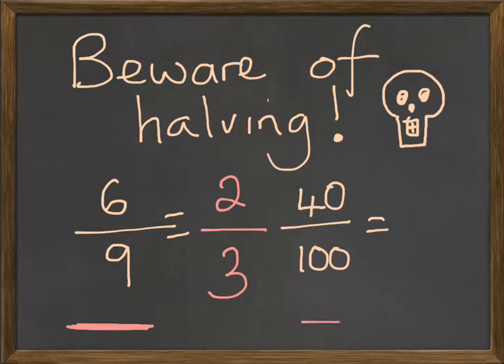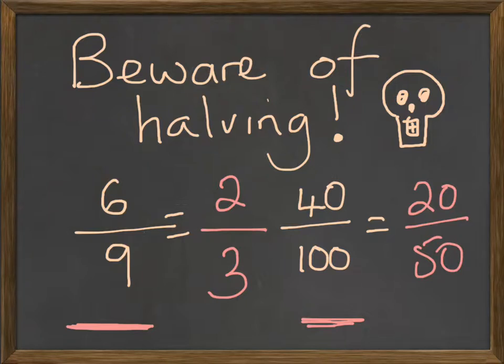Let's have a look at this one over here. 40/100. Now I could halve it, but if I did, I would end up with 20/50. But that can continue to be cancelled down, so it would be much quicker if I found the highest number that will go into both 40 and 100, and the highest number that will go into 40 and 100 is 20.